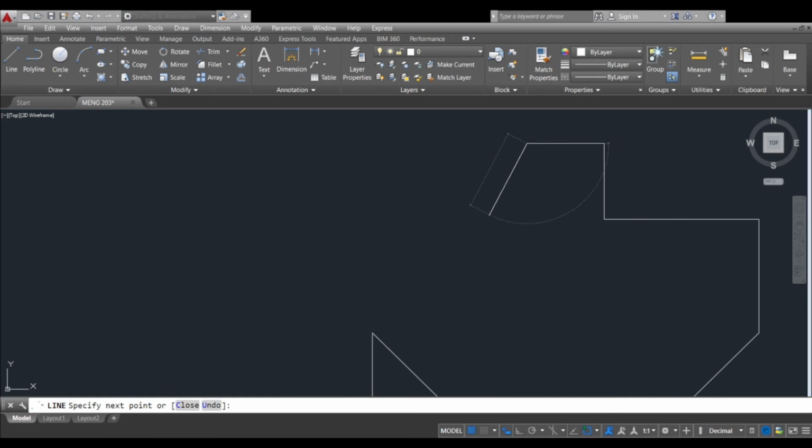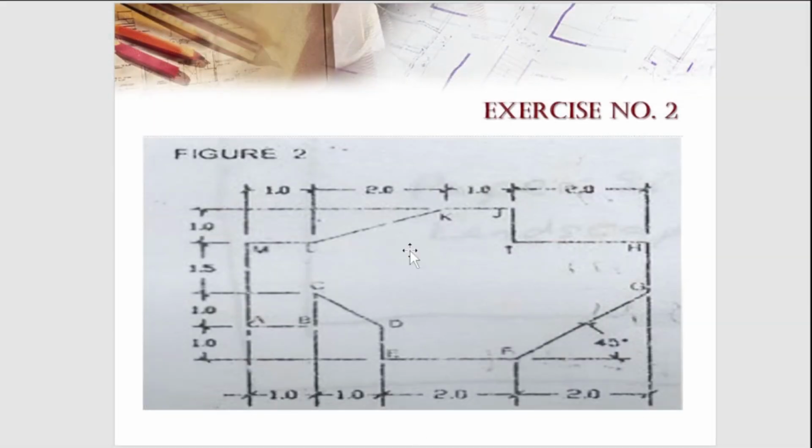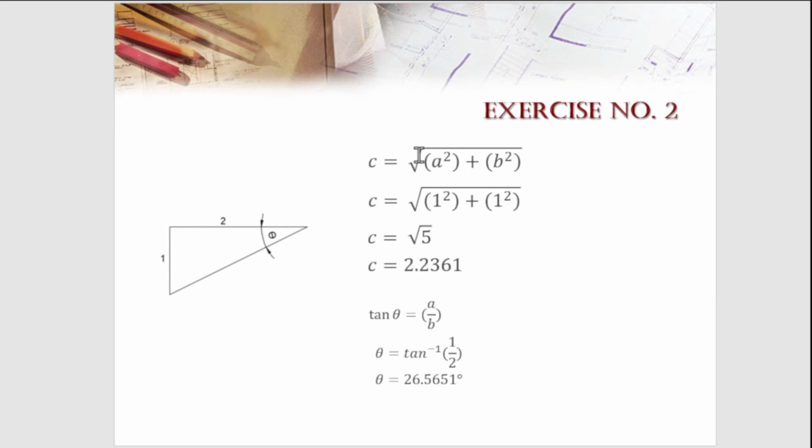And then for our next point, that is K to L, our horizontal distance is 2 and the vertical distance is 1. So we're going to compute this using this formula. Oops, I made a mistake here. So that is 2.